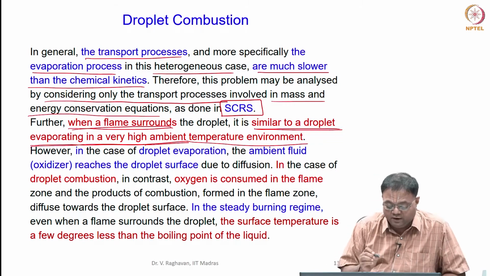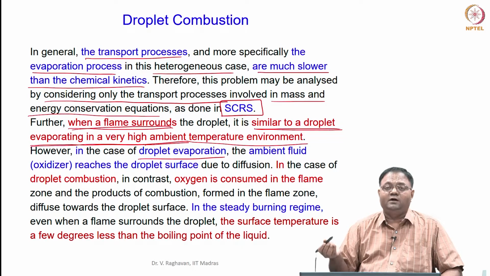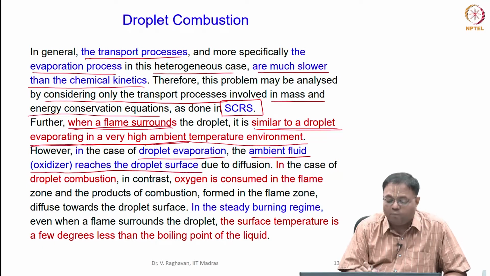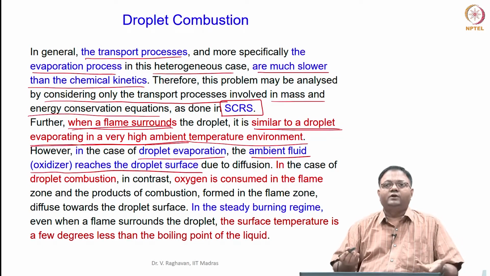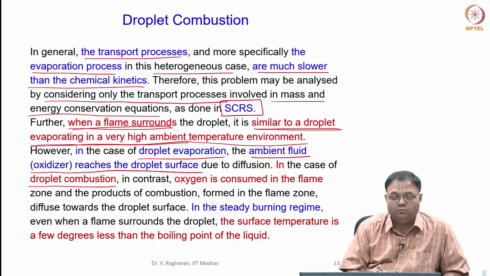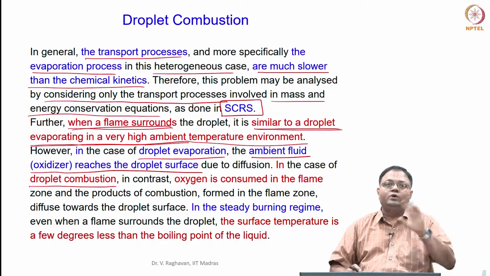What is that? If you have droplet evaporation alone, the oxidizer, the ambient fluid, will come to the droplet surface, because there is no reaction. However, when there is droplet combustion and a flame zone prevails, it separates the gas phase into two regions.